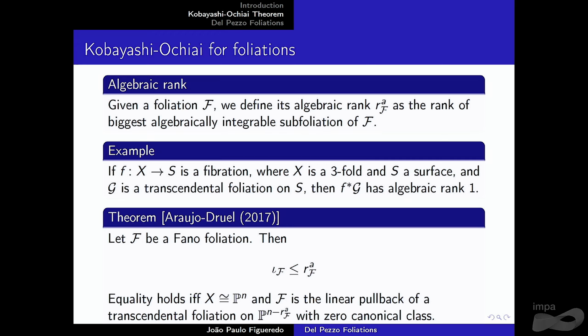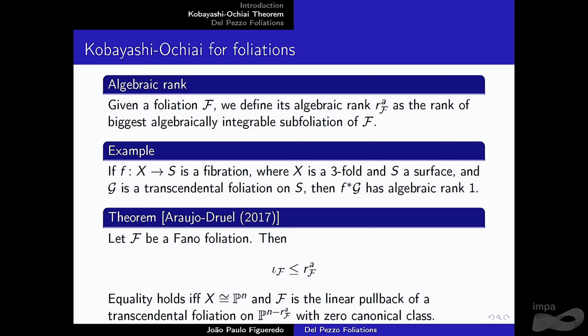All right? So the theorem, the more general version, is that if F is a Fano foliation, then the index of F is bounded by the algebraic rank of the foliation. Moreover, there is a characterization of the equality. So the equality will hold if and only if the space is the projective space and the foliation is the linear pullback of a transcendental foliation with zero canonical class.